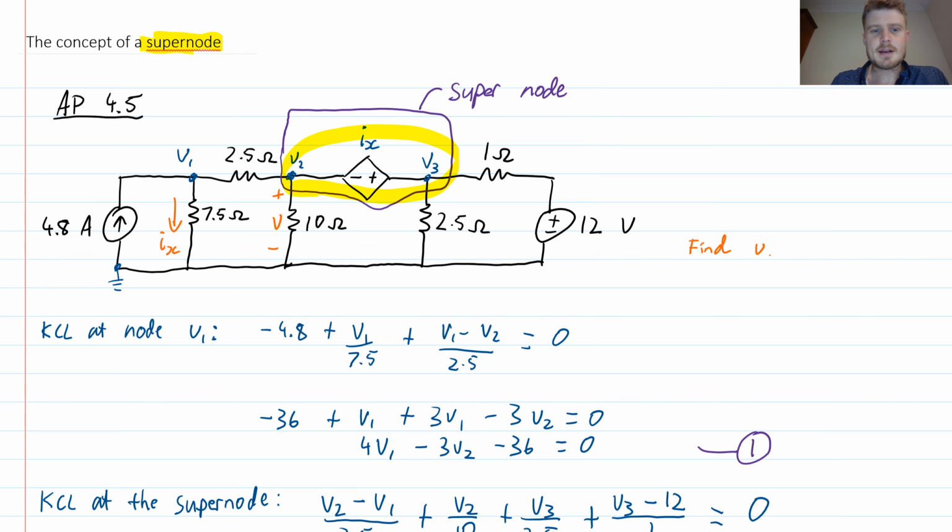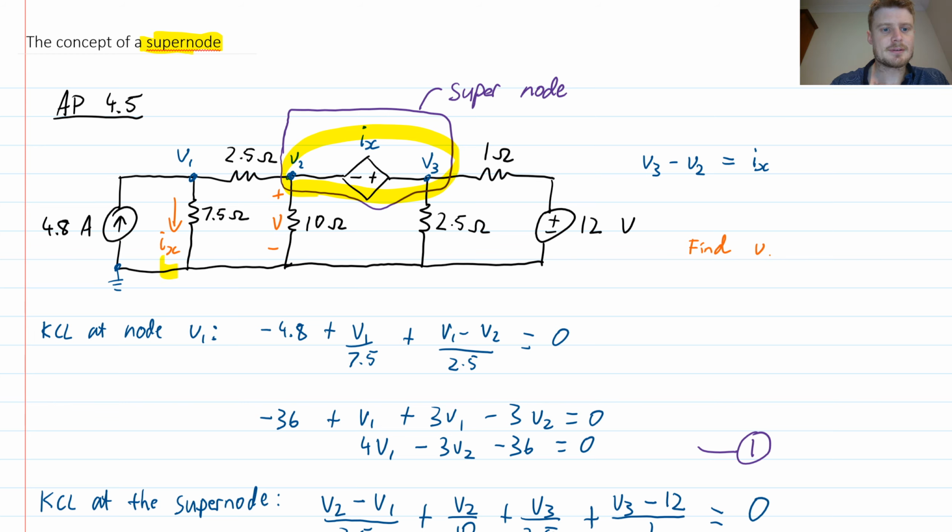So in particular, I know the relationship between V2 and V3, and that's because there's a voltage source that connects them. So the relationship between those two is the following. I can just look at my circuit diagram and write this down, that V3 minus V2 is equal to the voltage generated by that source, which is just Ix.